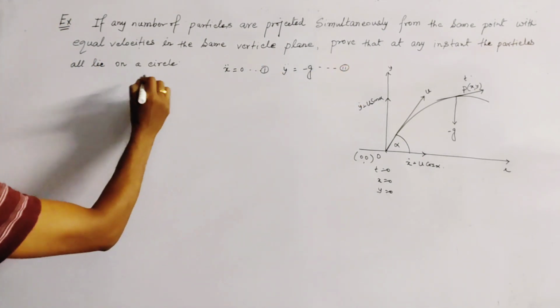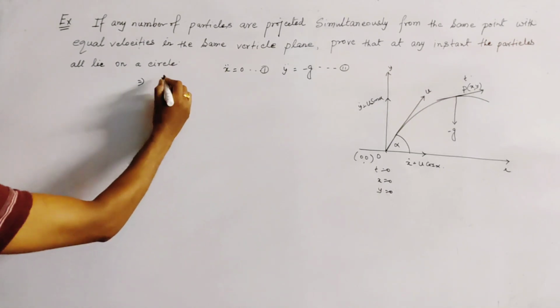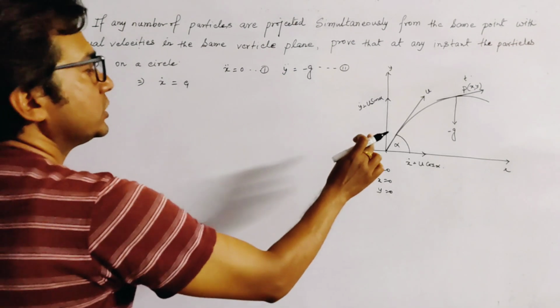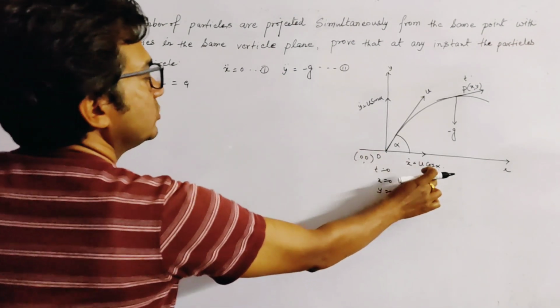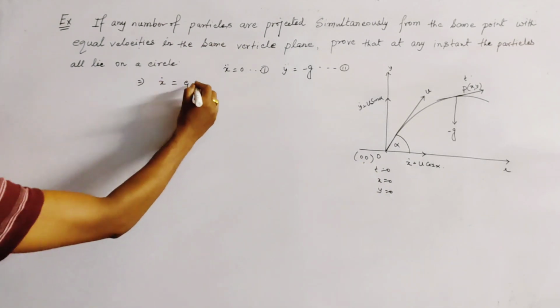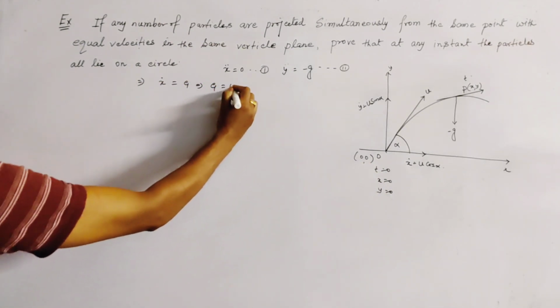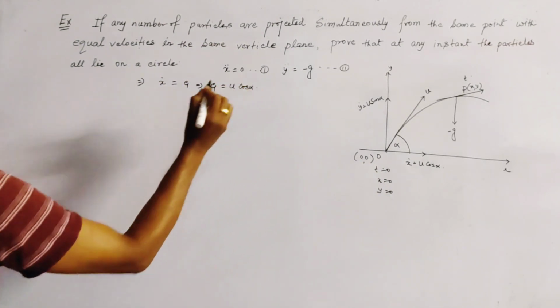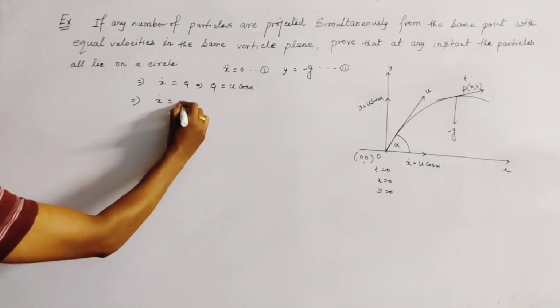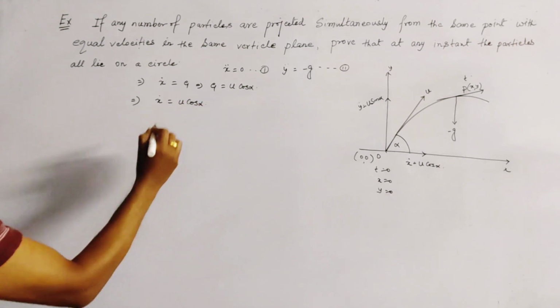From 1, by integrating, we get x dot equal to c1, and we put the initial condition x dot equal to u cos alpha at t equal to 0, x equal to 0, y equal to 0. We get c1 equal to u cos alpha, and this means x dot equals u cos alpha.